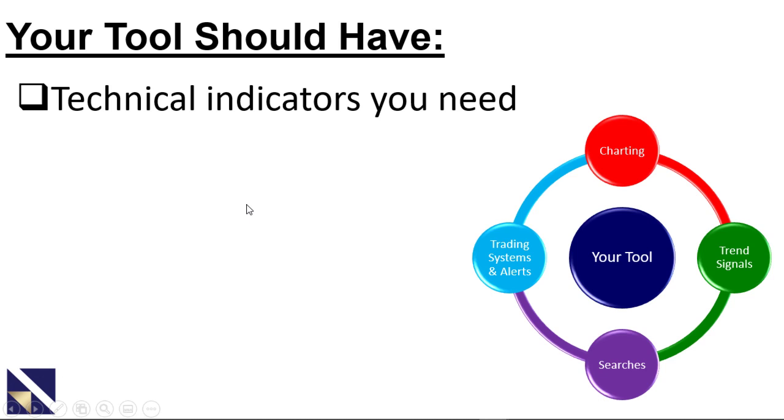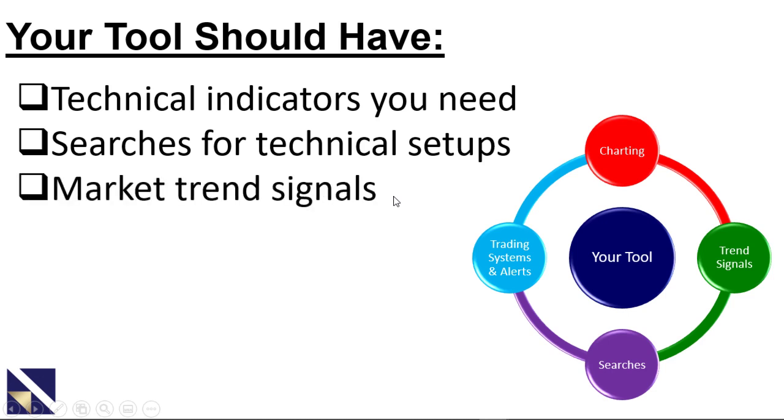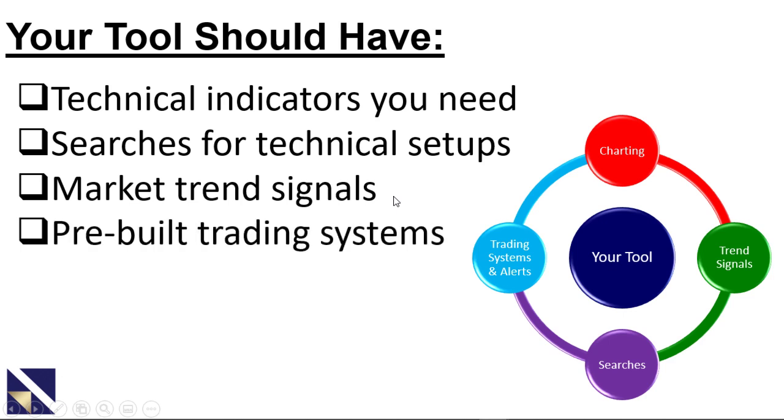They're very visually appealing, so you don't have to struggle understanding what they're telling you. It should provide searches that find these technical setups. It should provide you with market signals that have consistently worked. It should provide you with pre-built or customized automated trading systems. And finally, an alerting system which notifies you of potential trades.